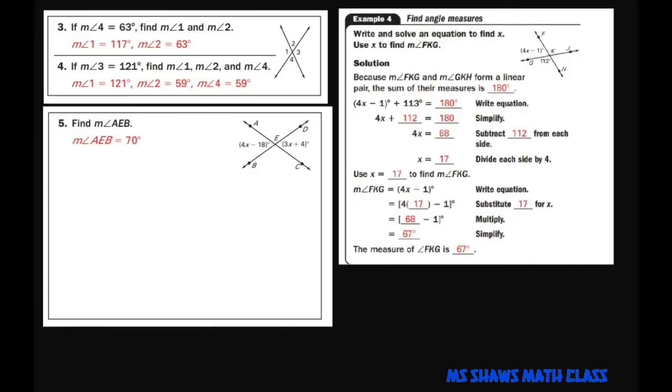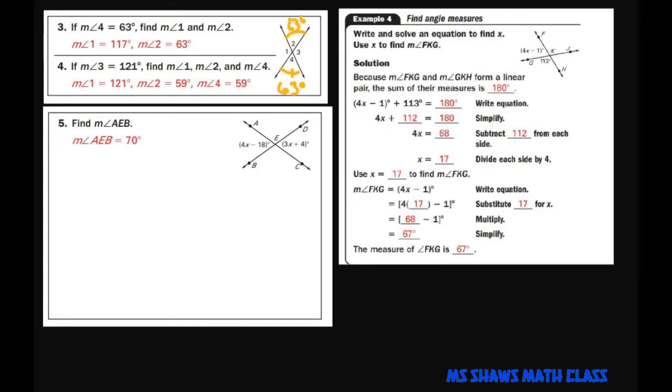And we have an example here. Measure of angle 4 is 63. So we know that the measure of angle 2 is also 63 degrees.